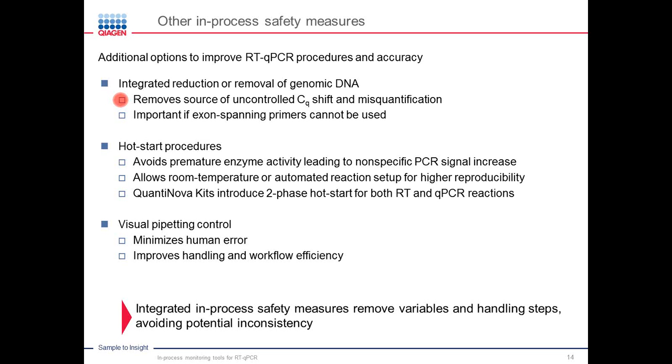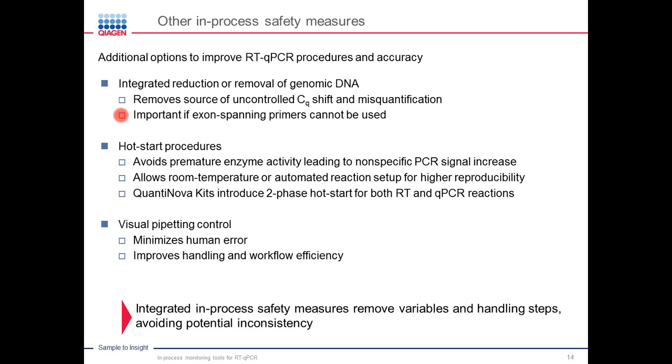This is particularly critical if we are looking at low-abundance targets or messengers that create only a small signal anyway, because then an additional signal created by genomic DNA carryover could falsify our results quite substantially. This is an issue that does not always occur, but it can occur, particularly if we are not able to create exon-spanning primers.